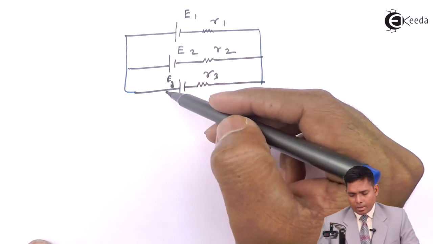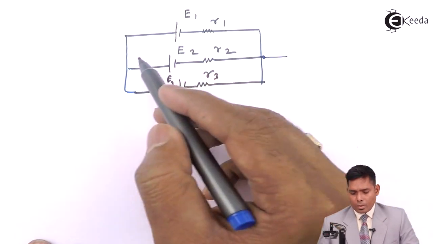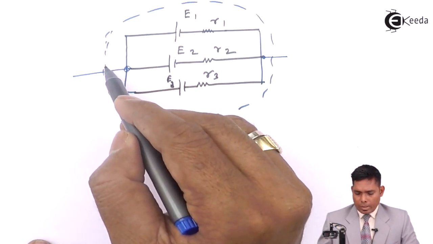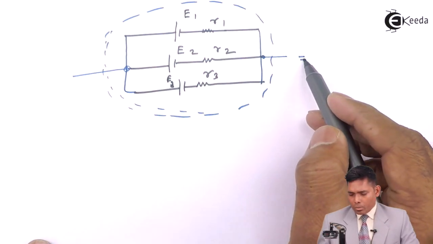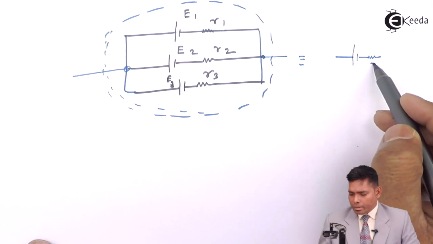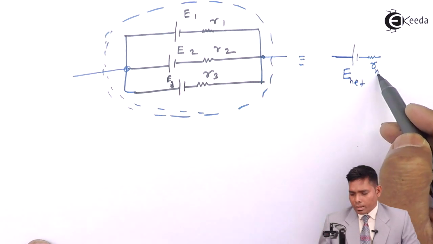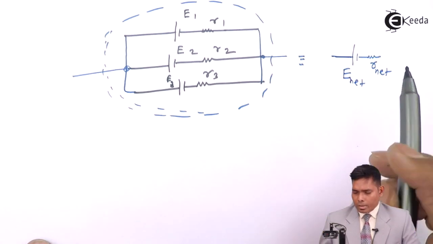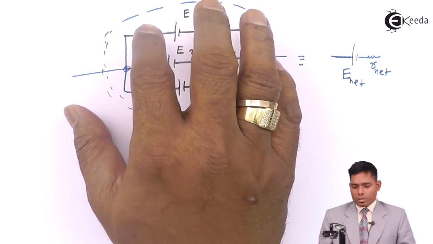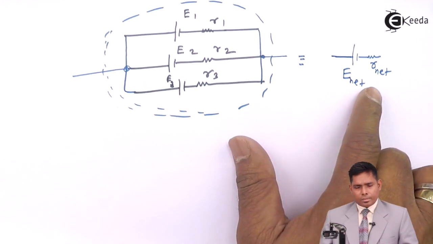Their positive terminals are connected together and the negative terminals are also connected together. This combination will be equivalent to a single cell of EMF E net and internal resistance R net. Now that means how to reduce this combination of three cells into a single cell and one internal resistance.